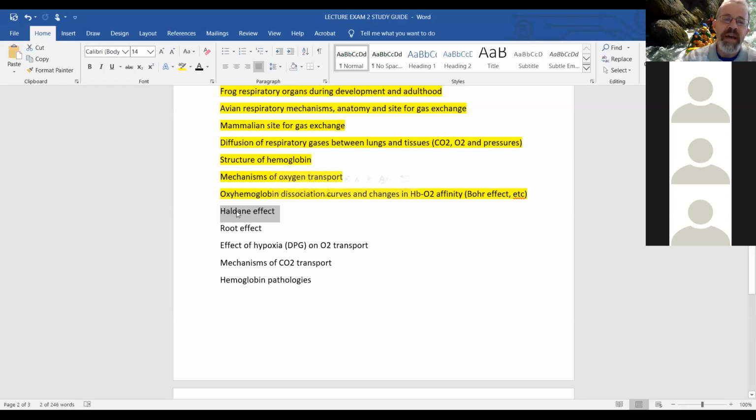Whereas the Bohr effect increases oxygen delivery to the tissues by uncoupling the hemoglobin from the oxygen, so the affinity is reduced, in the case of the root effect, a decrease in pH, which is kind of like we saw up here, affects the ability of oxygen to bind to the heme to begin with, right? So it reduces the oxygen carrying capacity.